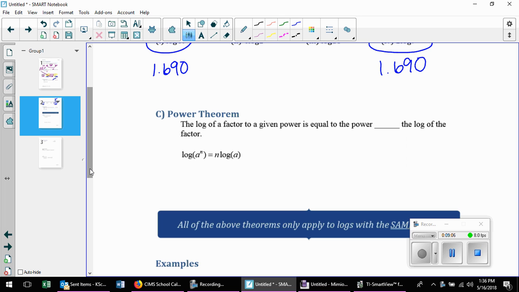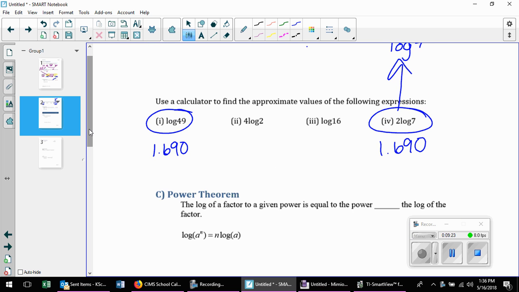All right. So the log of a factor to a given power is equal to the power what? What does the power do? Is it to the exponent? Is it multiplied? Is it divided? What operation is here between 2 and the log?